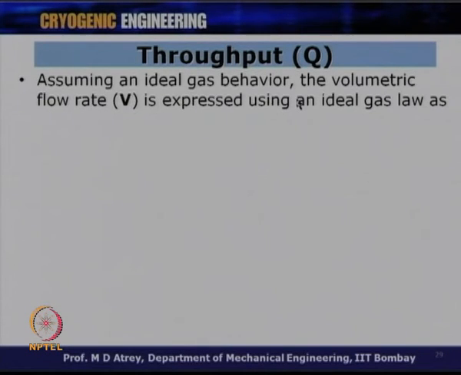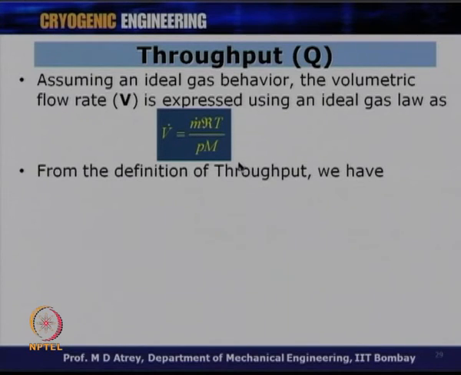Assuming ideal gas behavior, the volumetric flow rate V dot is expressed using the ideal gas law, which is nothing but V dot is equal to m dot RT divided by P, and R by M is nothing but the specific gas constant, where capital M is the molecular weight of the respective gas. This has come basically from PV is equal to mRT. From the definition of throughput, can we put the value of V dot in that equation?